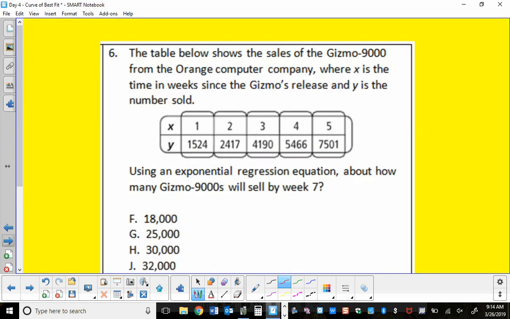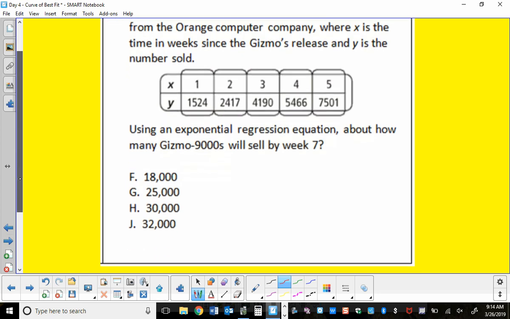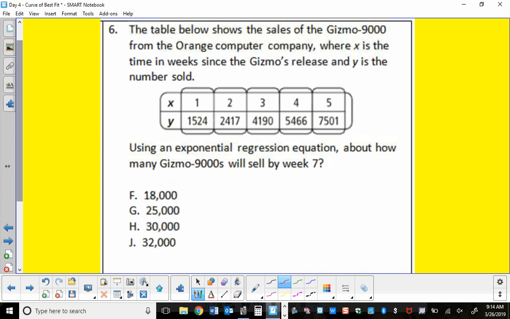All right, look at number 6. The table below shows the sales of the Gizmo 9000 from the Orange Computer Company, where X is the time in weeks since the Gizmo's release and Y is the number sold. Using an exponential regression equation, about how many Gizmo 9000s will sell by week 7?